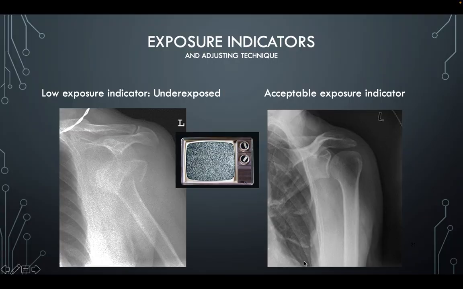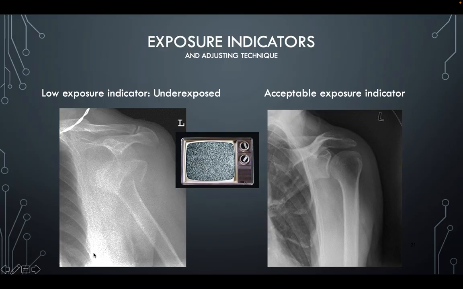So exposure indicators, just kind of looking at it here, a low exposure indicator, if I'm using a Siemens room, is going to indicate underexposed, and I can see all of this quantum mottle here. I can't see even the head of my humerus. I can't see where the scapula is.